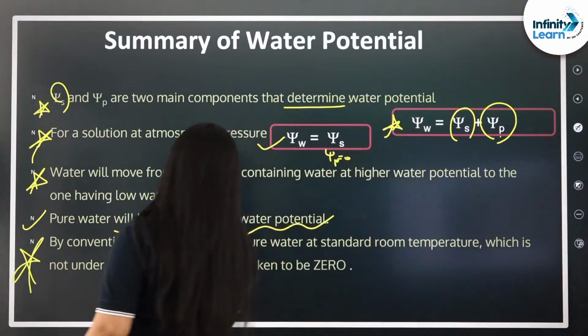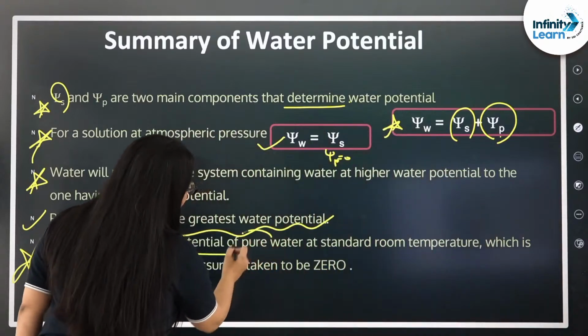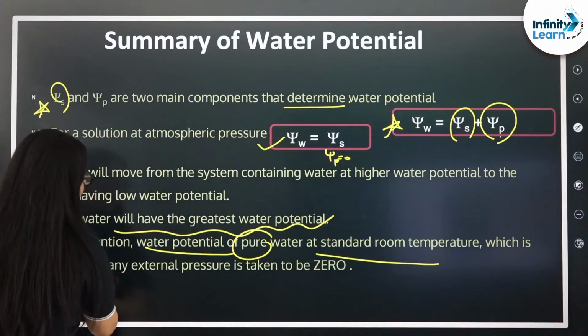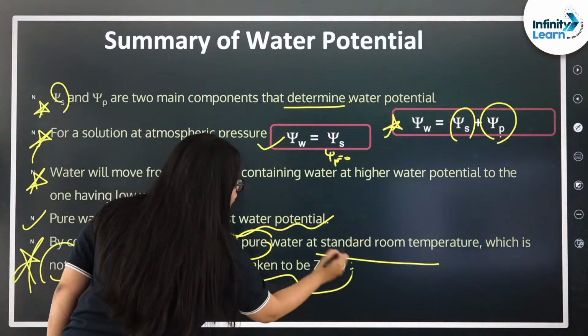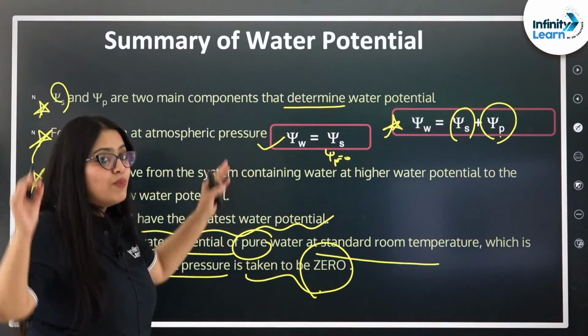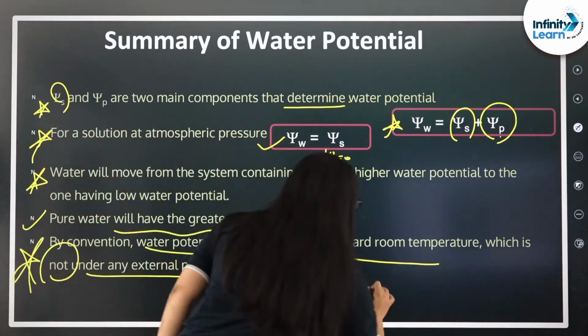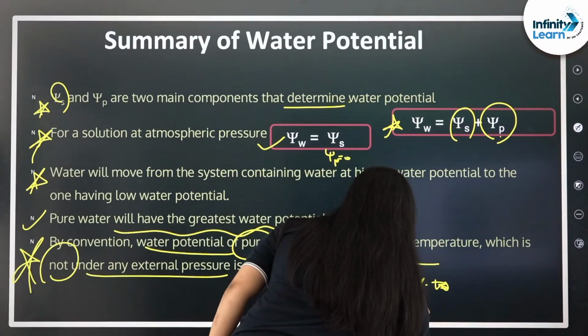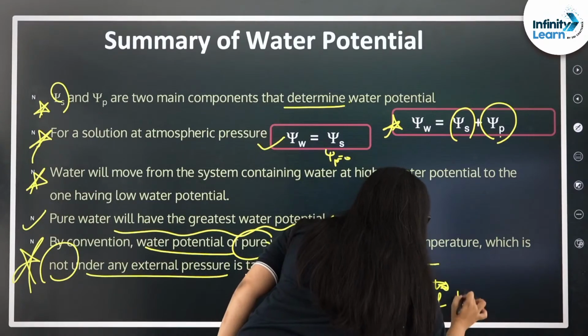So by convention, the water potential of pure water at standard room temperature, not under any external pressure, is taken to be 0. This is by default, and 0 is the maximum value of psi W.